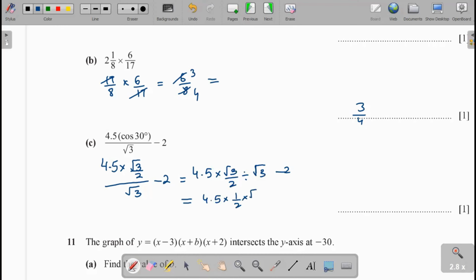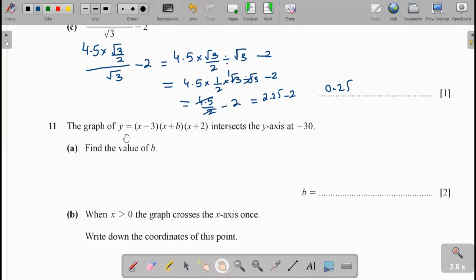Square root 3 divided by square root 3 is equal to 1, and we get 4.5 over 2 minus 2. Now that value will be equal to 2.25 minus 2, and that is equal to 0.25, which is the answer.